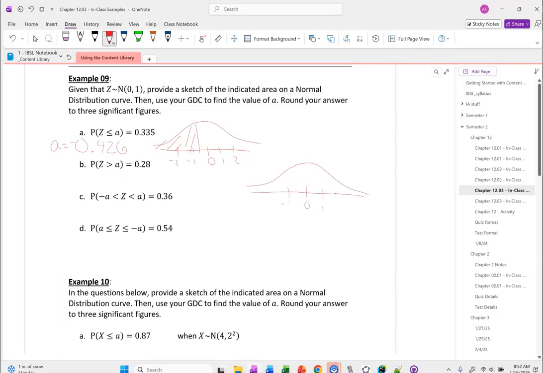You want to go second, bars, and then that's the distributions menu.